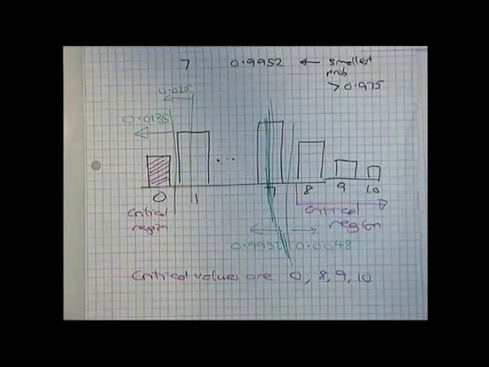So only if people were remembering 0 items or 8, 9 or 10 items after the drink would we be accepting that the drink had made a difference. I'm going to stop the video there.